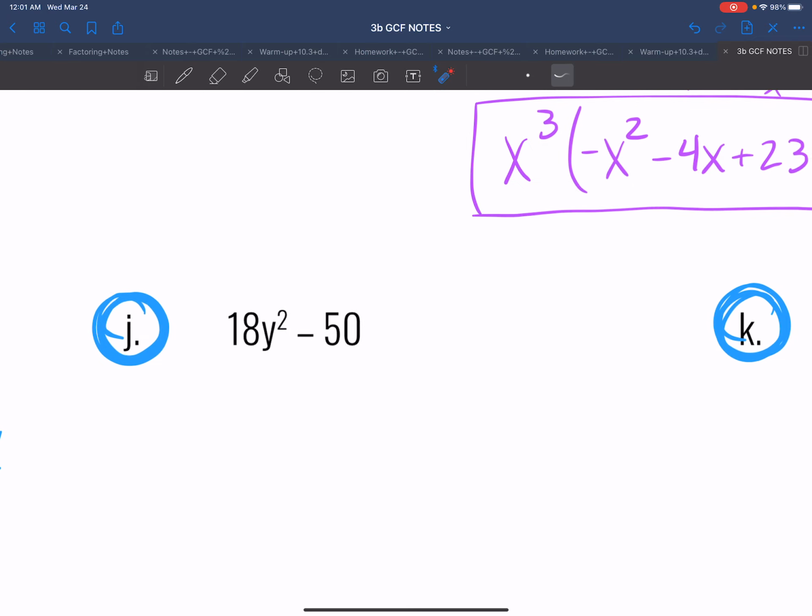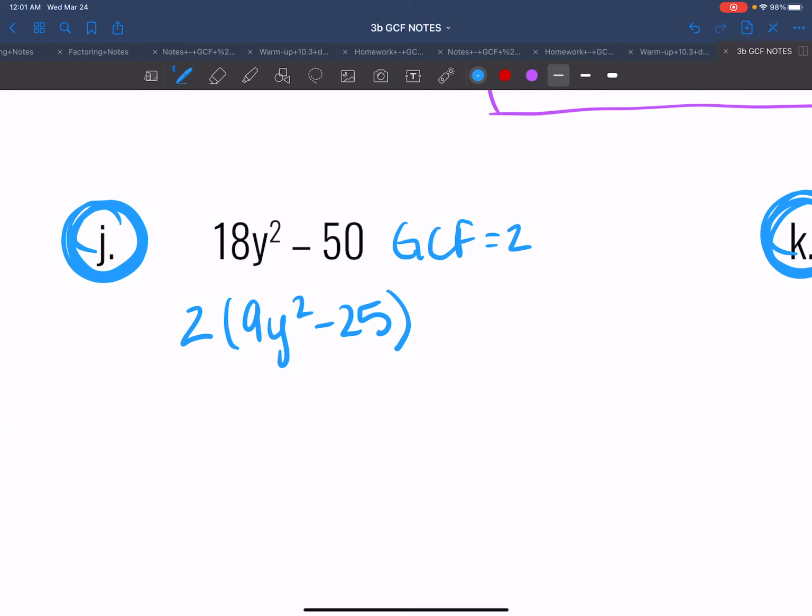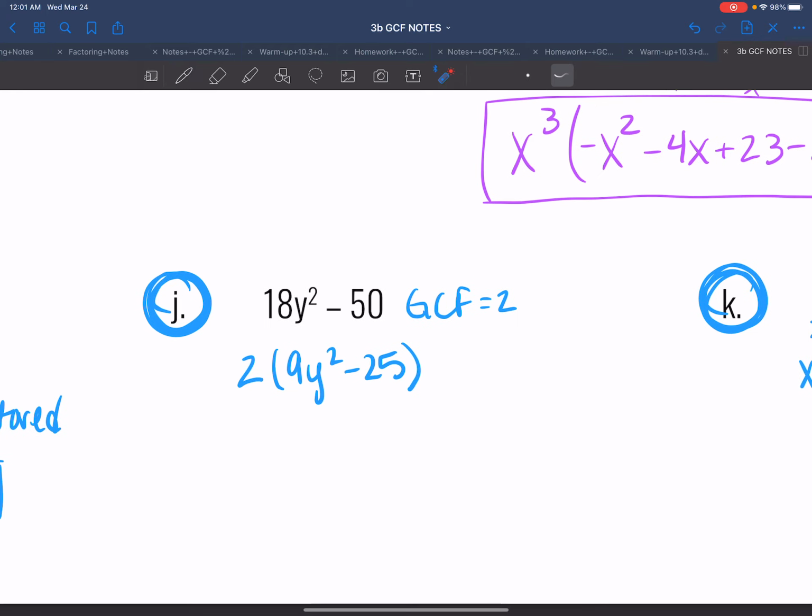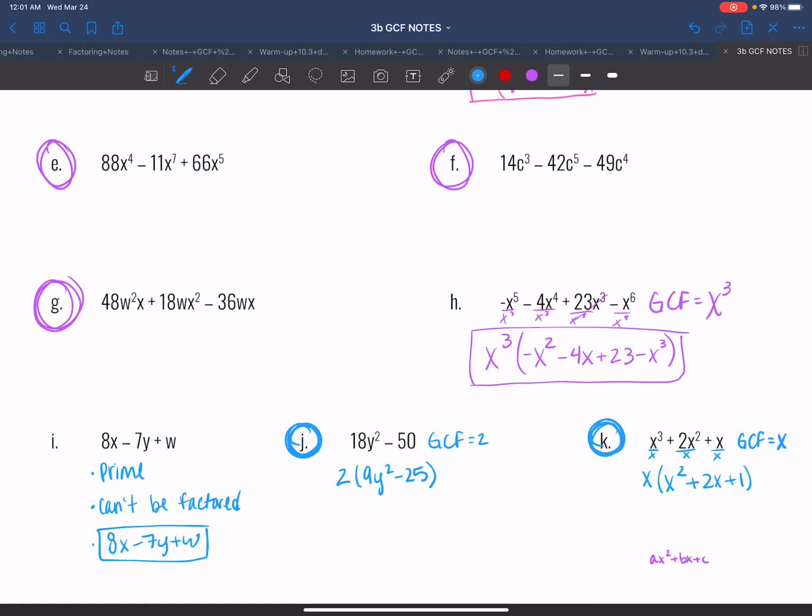Same thing with J. If I take out the GCF of J, which for 18 and 50, the greatest common factor between those is just 2. So if I take out the GCF of this one, 9y squared minus 25, this is like a super special case of a quadratic function, but it can also be factored further, and we'll learn how to do that on Friday.